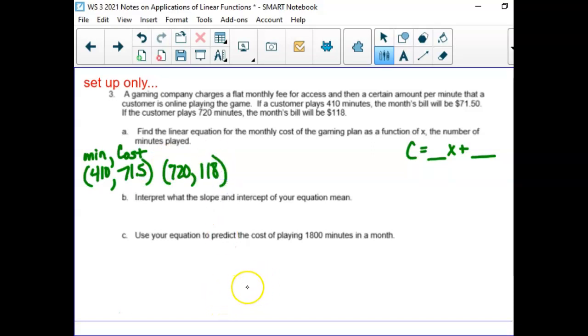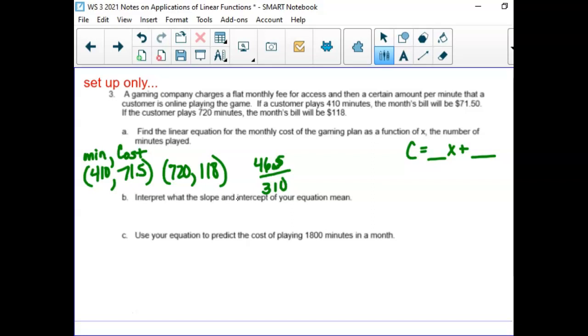So can you figure out the slope? Can you do it? 118 minus 71.50 is 46.5 on the top, and the change in x, 720 minus 410, is 310.